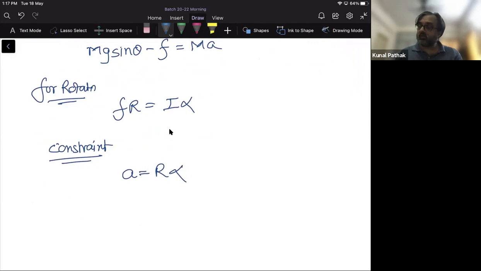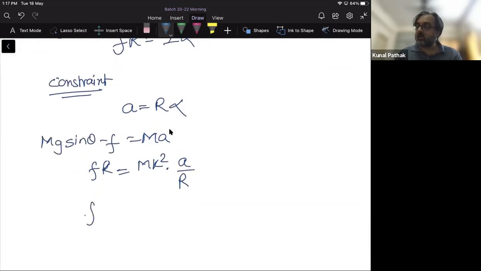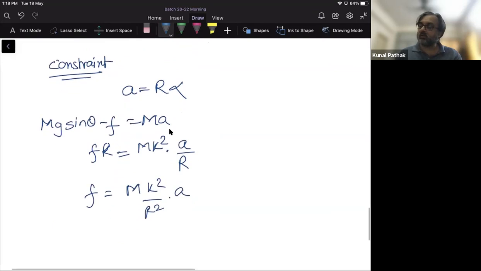So the equations that I get will be mg sin theta minus f is equal to ma. fr is equal to mk square into alpha, which is a by r. So this would mean that f is equal to mk square by r square into a.